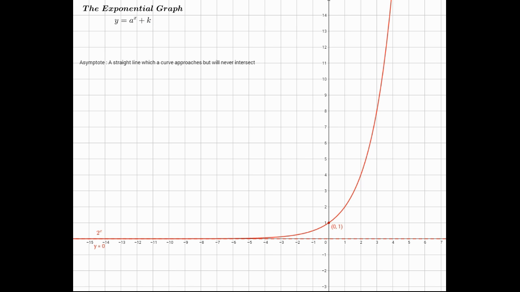So what I've done here is I've overlaid in green the different changes that you'll see when we alter the values of a and k.